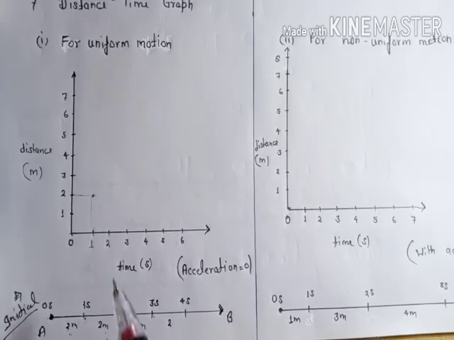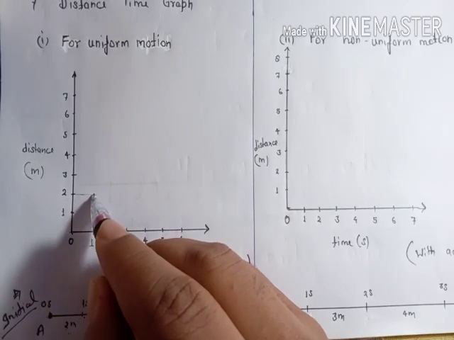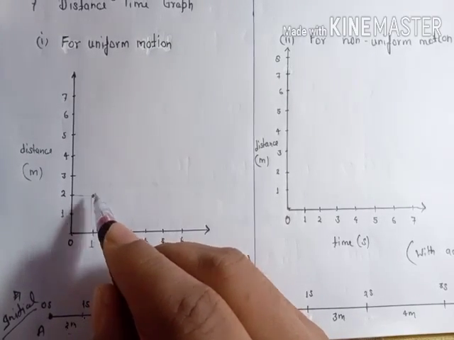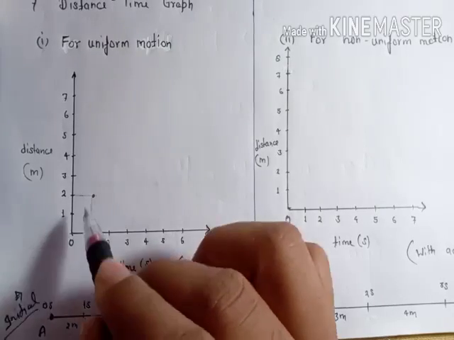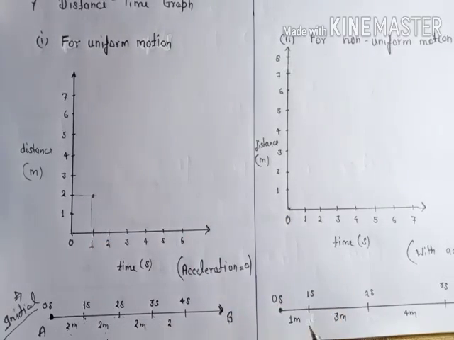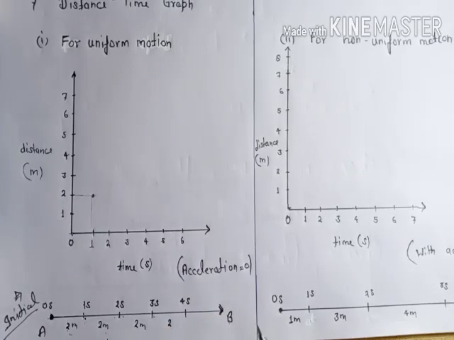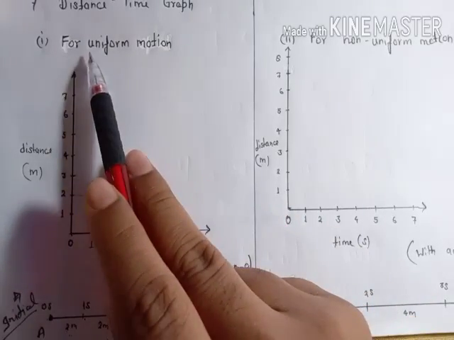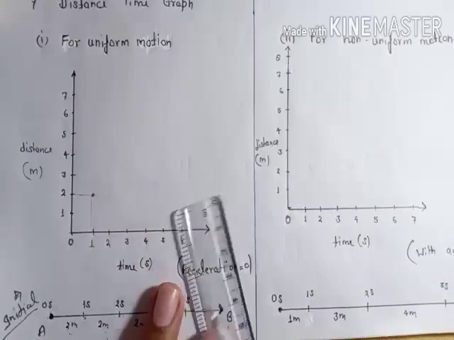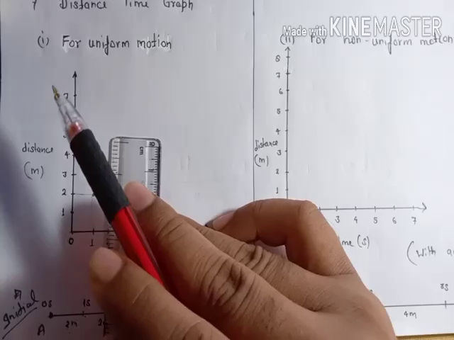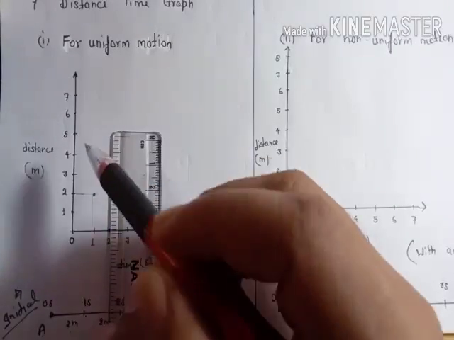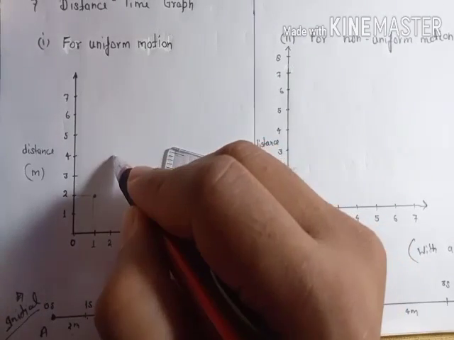Now this point represents this time period and this distance traveled by the object. After one more second, total distance becomes 4 meter. So in 2 seconds body covers 4 meter, and here motion is uniform motion, so that is 4. Check it, it is here.